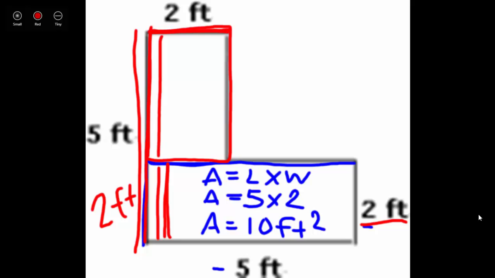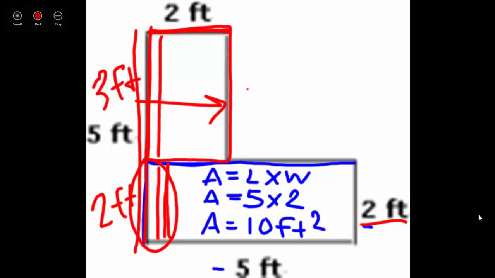Well, 5, take away your 2 feet that you have here, and you know that this side is actually equal to 3 feet. Just like we could assume that the side straight across here is equal to 3 feet as well, if the side directly across from it is 3 feet.